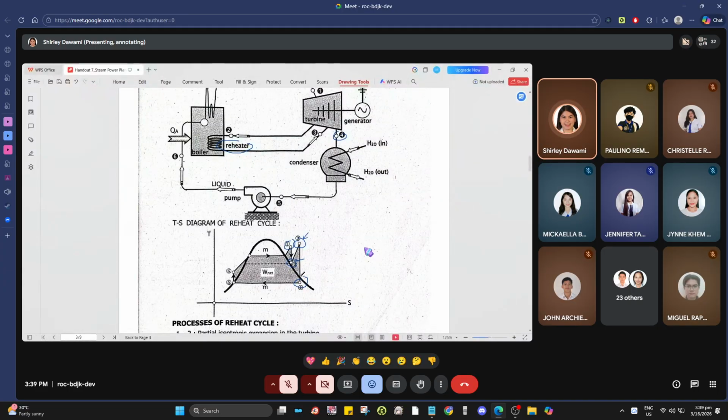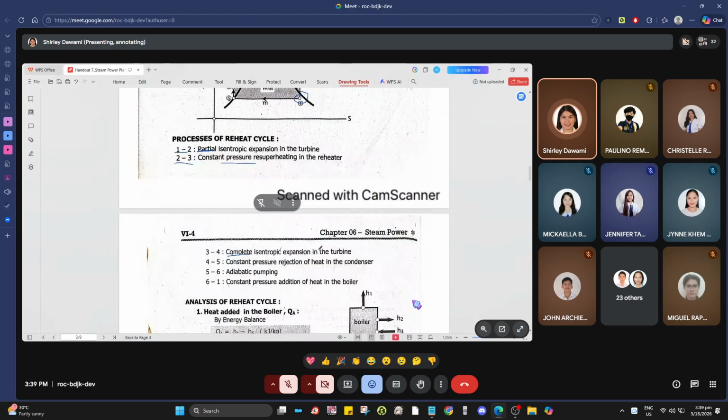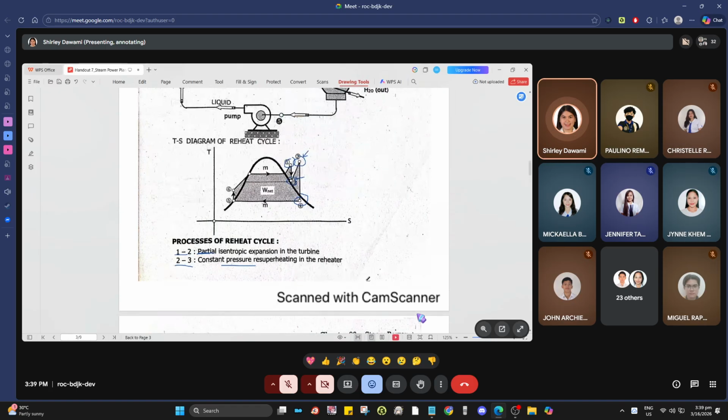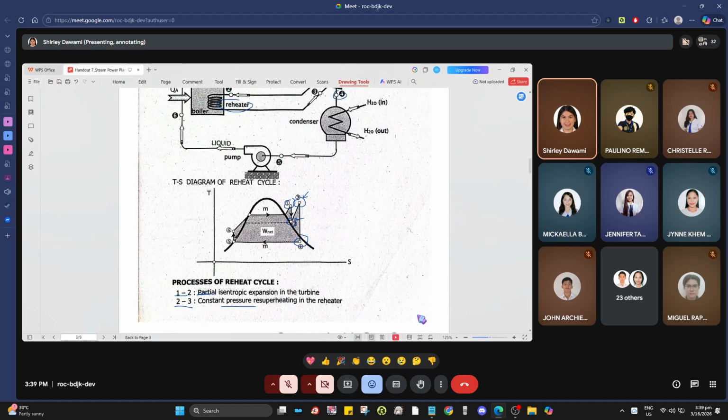Of course, the energy has already been extracted from that steam, so it drops low. Then it enters the condenser as wet steam, cooling it back or condensing it back to water. Process 4 to 5 is a constant pressure rejection of heat in the condenser. So it exits the condenser as saturated liquid.